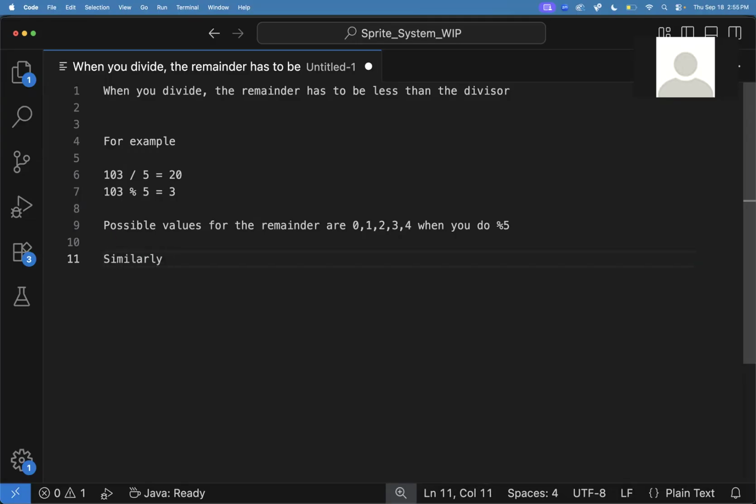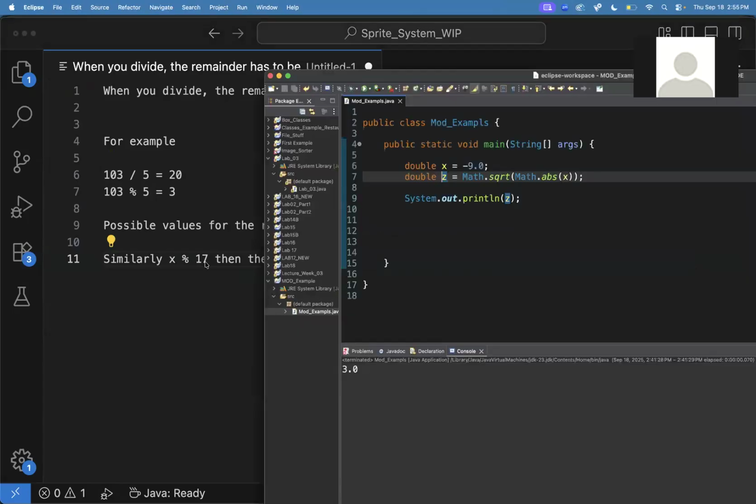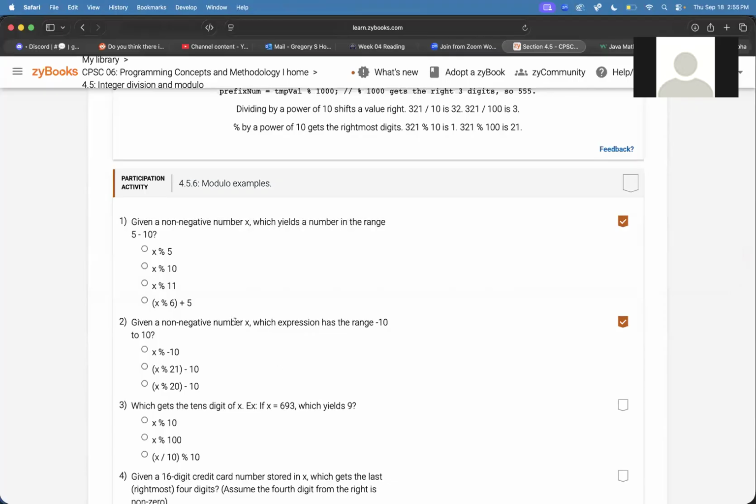Similarly, if you do X mod 17, then the remainder could be 0, 1, 2, 3, dot dot dot, up to 16. So it couldn't hit 17, but anything less would be okay. And that's what they're talking about here.